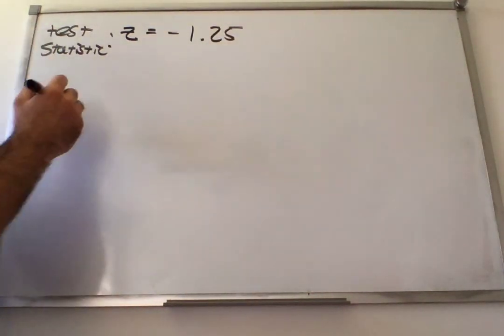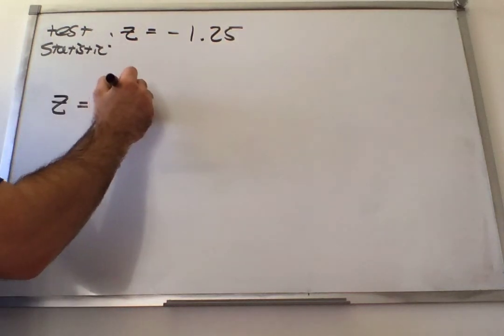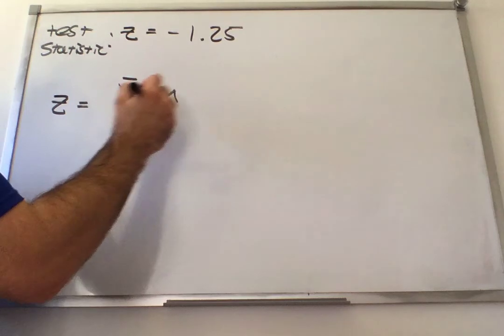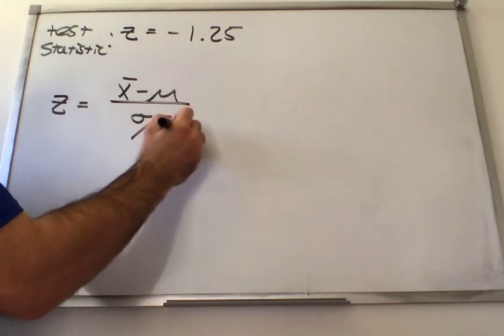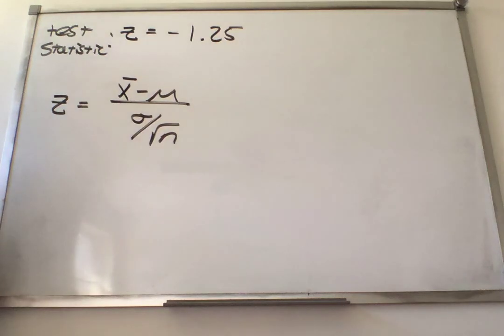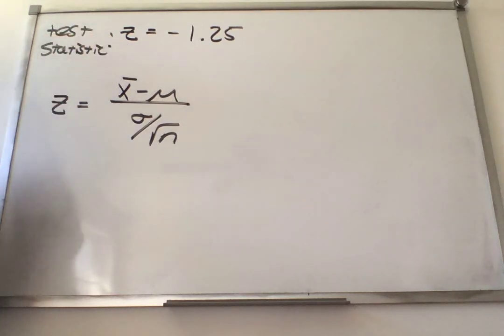How they calculated that was this formula right here. It was x bar minus mu divided by sigma divided by square root of n. That was for the z-score. All that is the z-score.